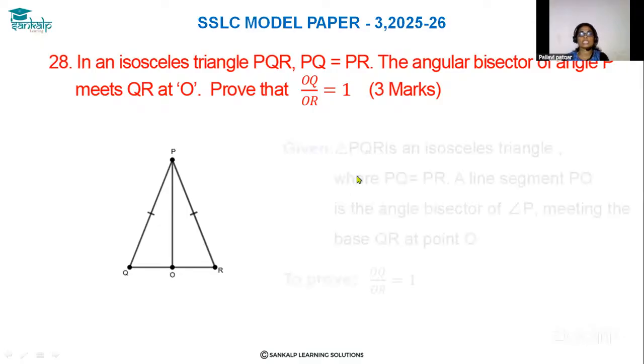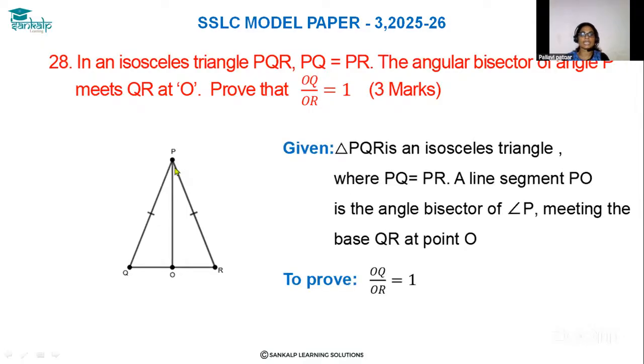Okay. So here given triangle PQR is an isosceles triangle where PQ is equal to PR. A line segment PO is the angle bisector of angle P, meeting the base QR at the point O. We have to show that OQ divided by OR is equal to 1.